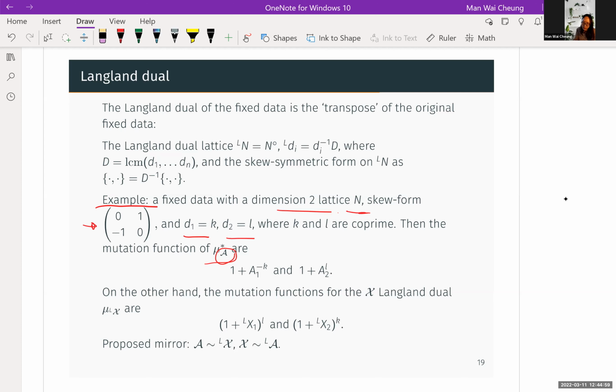But on the other hand, when we look at the Lagrangian X mutation, there will be Lagrangian X1 the whole thing to L, and then the second map will be the whole thing to K. Here is a very weak intuition we can see. From A to X, if I'm not taking the Lagrangian here, it is kind of like pulling out the exponent.